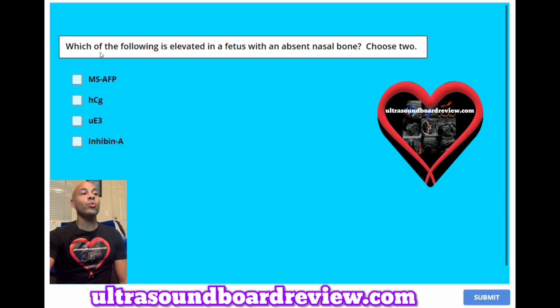Question 24. Which of the following is elevated in the fetus with an absent nasal bone, and choose two? MSAFP, HCG, UE3, inhibin A. The answers are HCG and inhibin A.